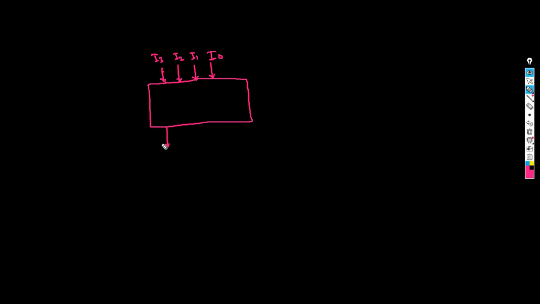Now you have something like Q3, Q2, Q1, and then Q0, and then you have your control 0 and your control 1.